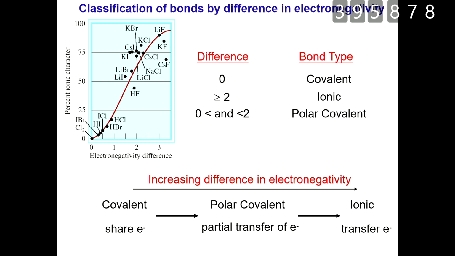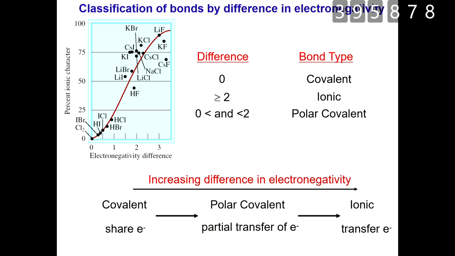The two atoms, they should be same or not? Yes, they should be same, right? If these two atoms are same, so of course the difference is 0. And when these two atoms are same, like H2, so definitely they are like equal covalent bond. Okay? So when the difference is larger than 2, this means they will form ionic bond.